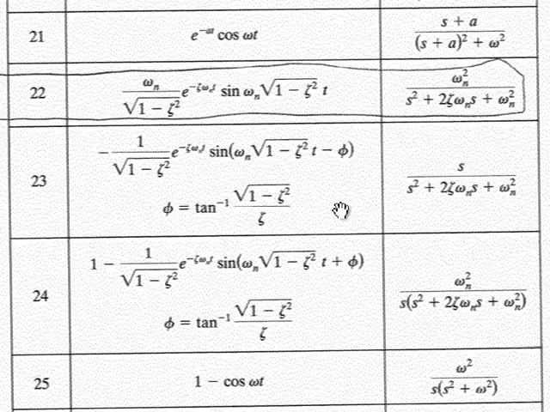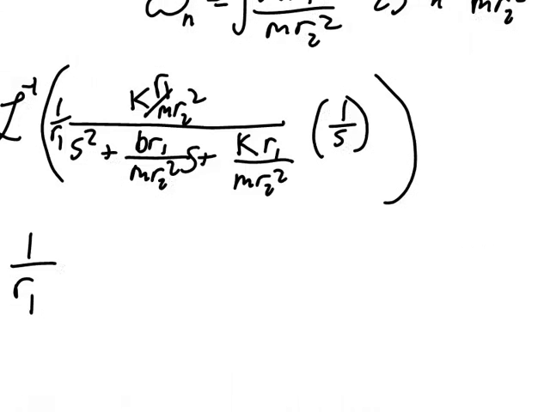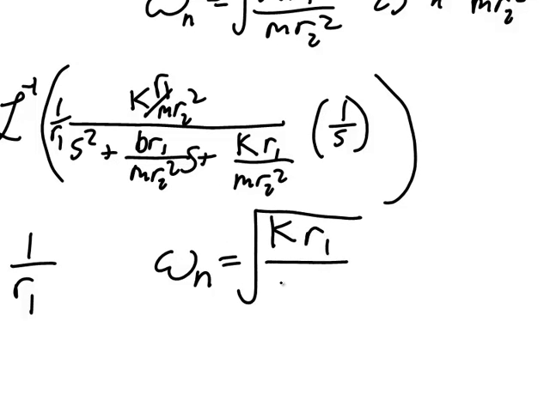I'm not going to rewrite this whole line here in my answer, but I am going to show you what omega n and zeta would be, which we would plug in here. Omega n here, once again, is the square root of k r1 over m r2 squared, which leaves us with 2 zeta omega n being equal to this term.